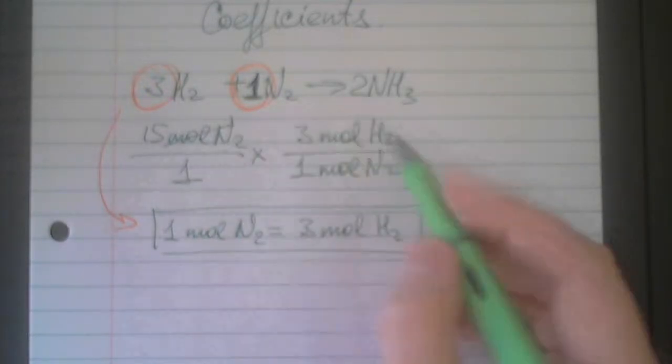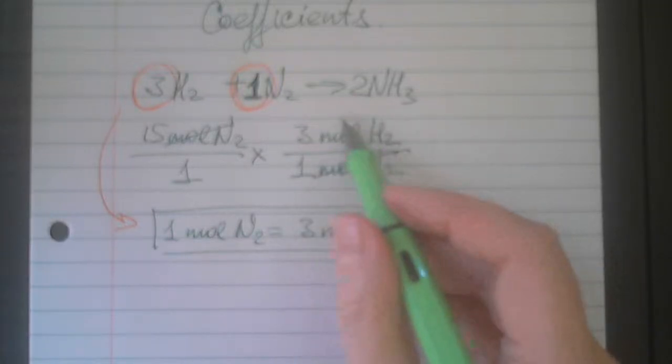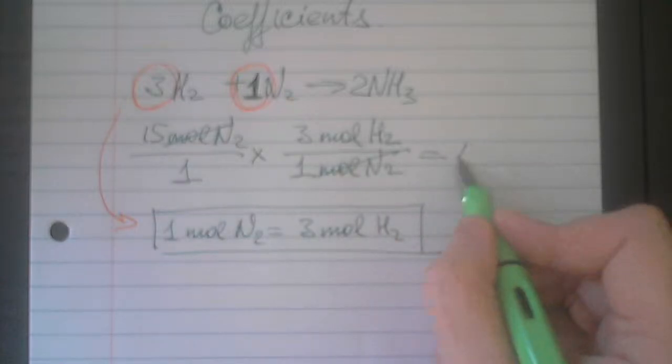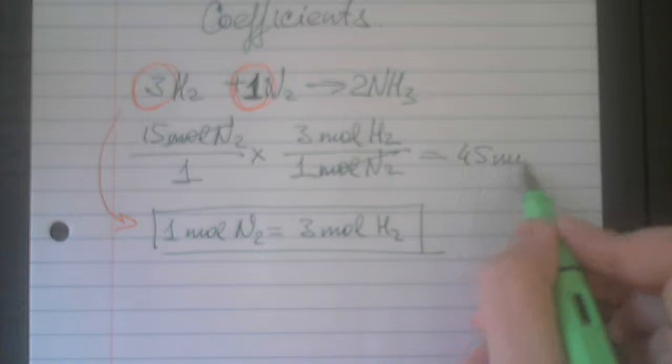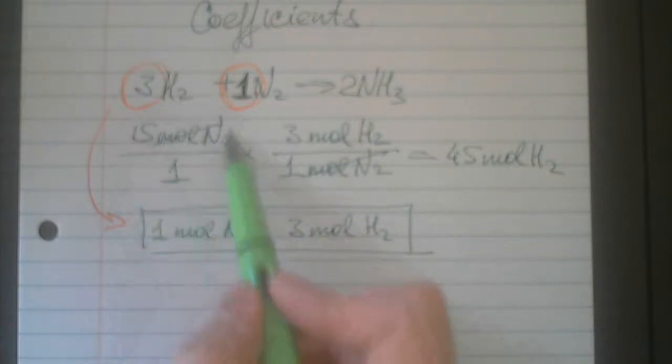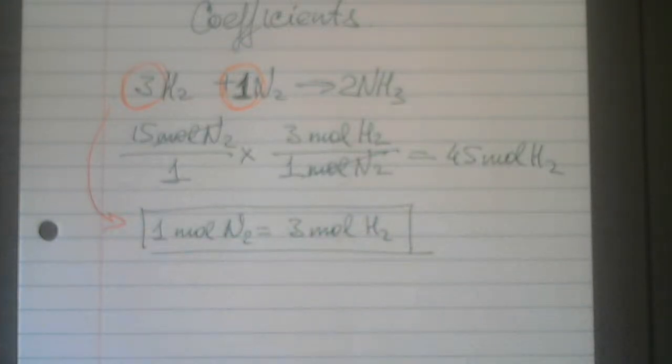So moles of nitrogen will be cancelled out and moles of hydrogen will be my final unit. The answer is 45 moles of hydrogen are required to react with 15 moles of nitrogen. Okay.